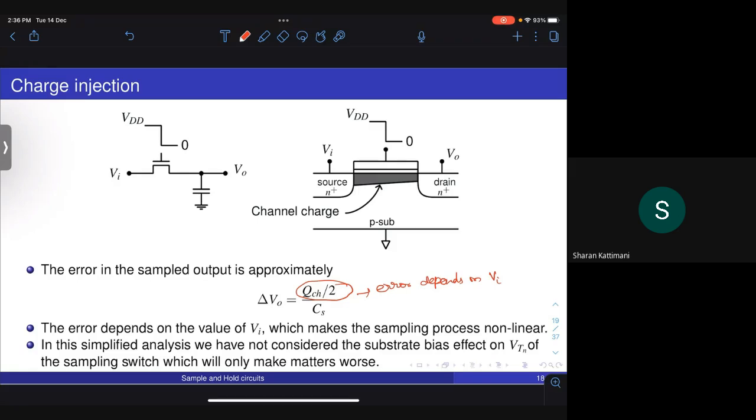Moreover, when we have done this analysis of channel charge, we assumed that the threshold voltage of the transistor is fixed and constant. But notice that in this case, the source and the substrate are not at the same potential.